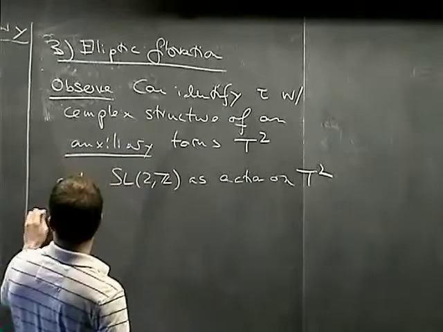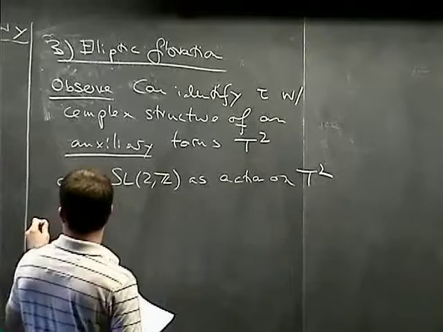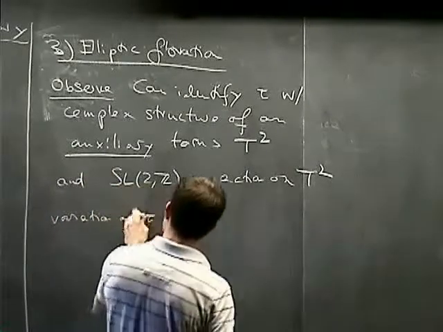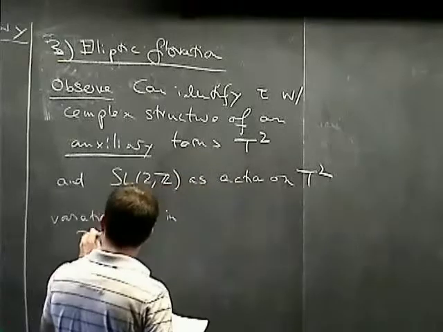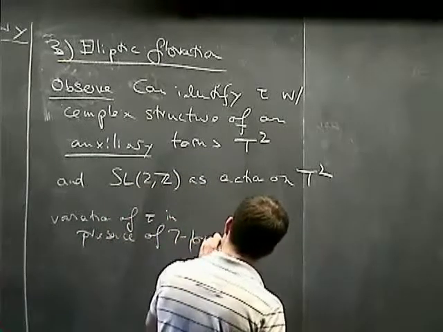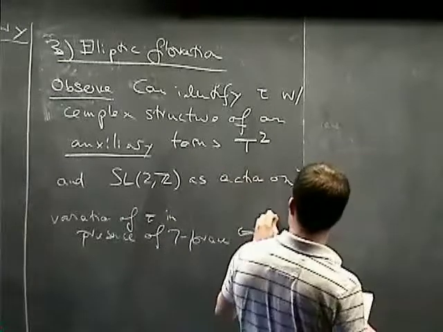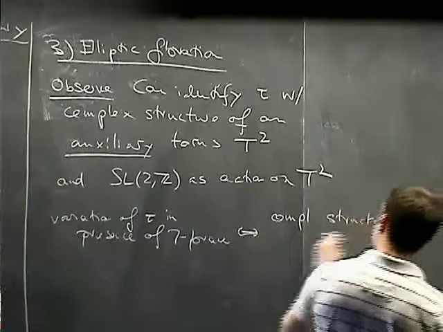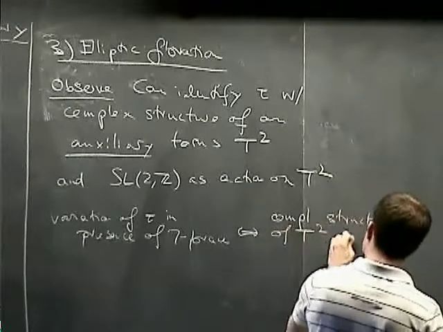So the variation of tau in presence of a 7 brane means that the complex structure of T2 varies.